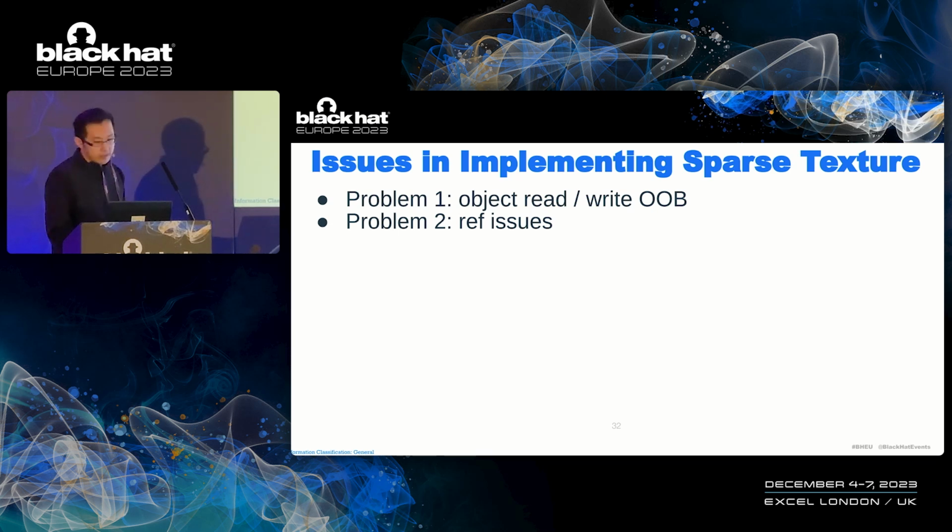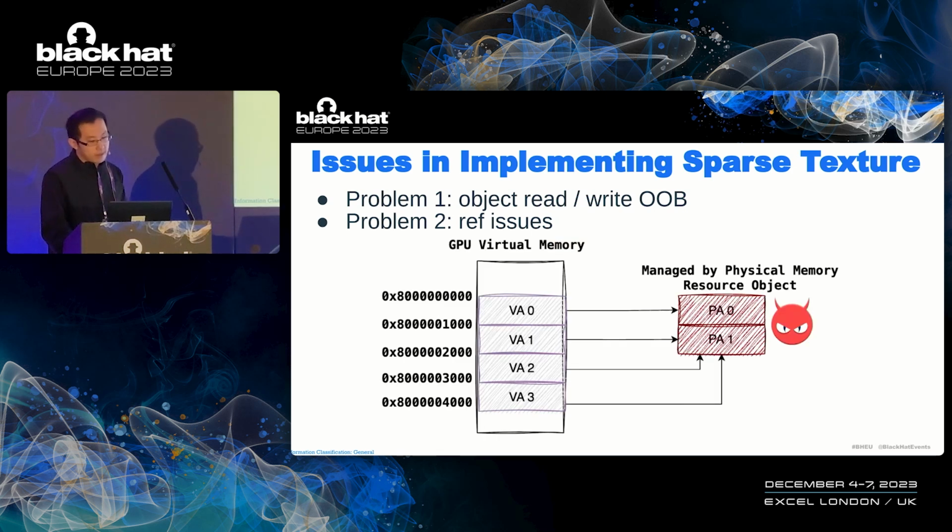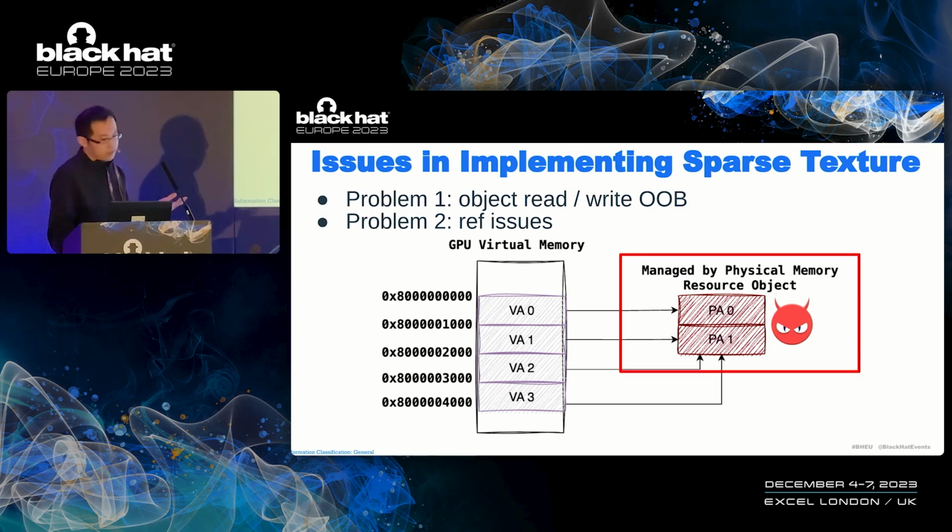The sparse memory uses the physical memory resource, or PMR object, for accessing all the physical memories, but the driver developers forgot to honor the object reference count. That means a malicious user may free these physical memories because of the reference count management issue, and we can get the pages freed while the GPU virtual memory is still mapped to the freed physical pages.